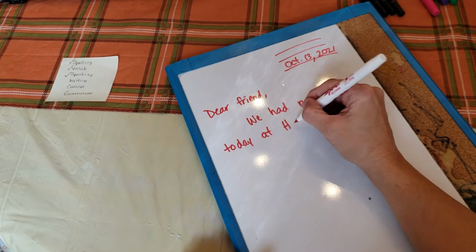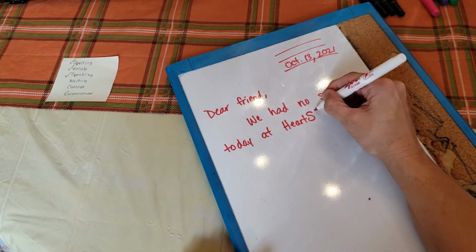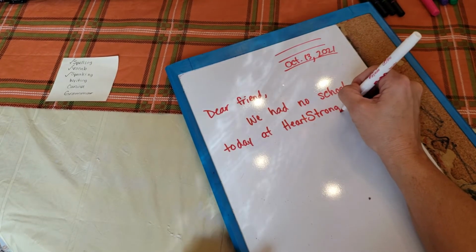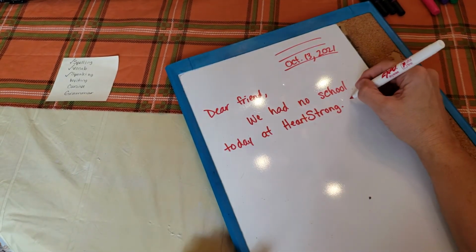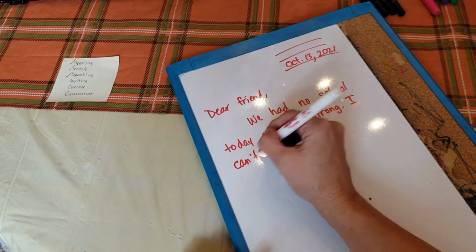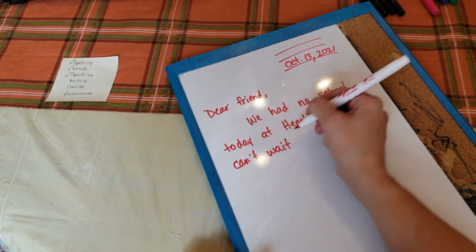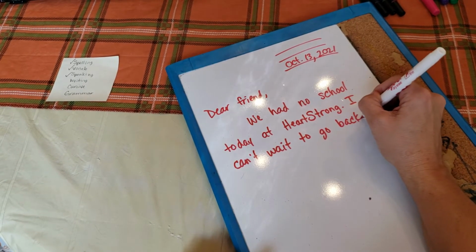HeartStrong is capital H-E-A-R-T, no space, capital S-T-R-O-N-G. And then you can say whether or not you would like to have school next. I can't wait to go back. There we go.